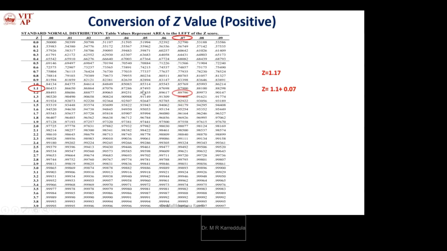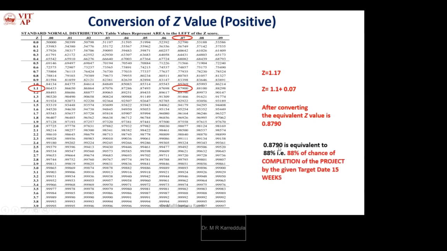The corresponding value is 0.8790. So 0.8790 is equivalent to 88%. That is an 88% chance of completing the project by the given target date of 15 weeks. So the probability of meeting the target date is 88%.